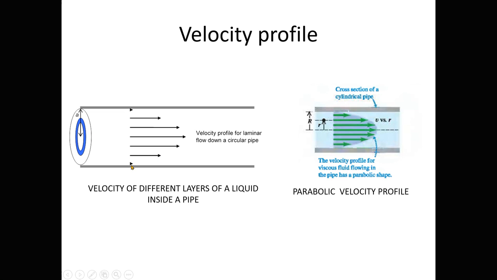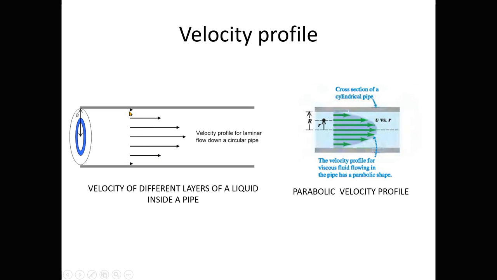So if the velocity of water attached to the pipe surface is 0, then the velocity of water at a higher layer is this.